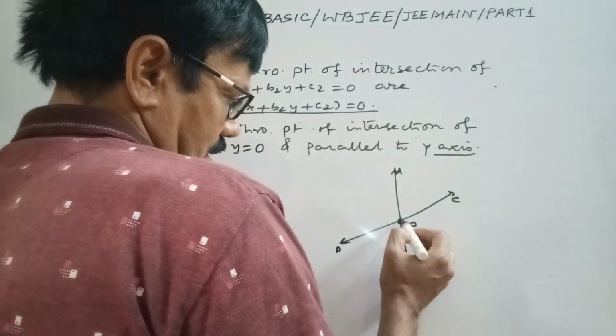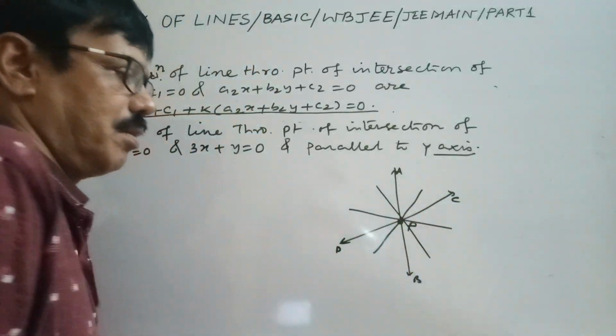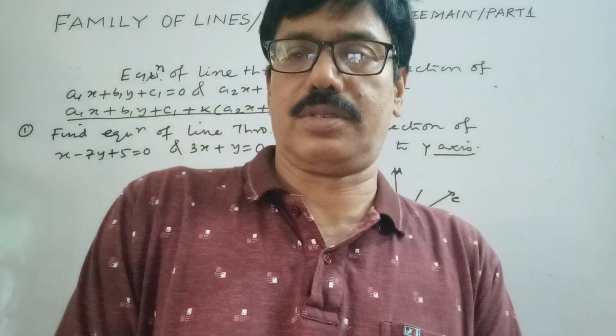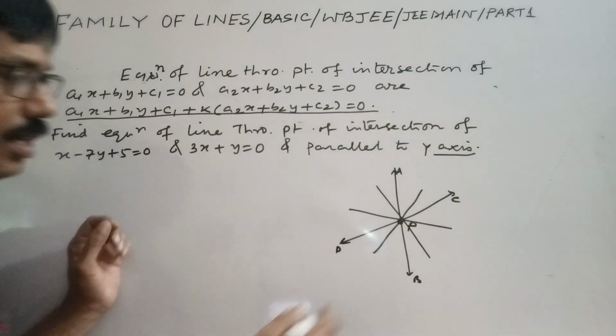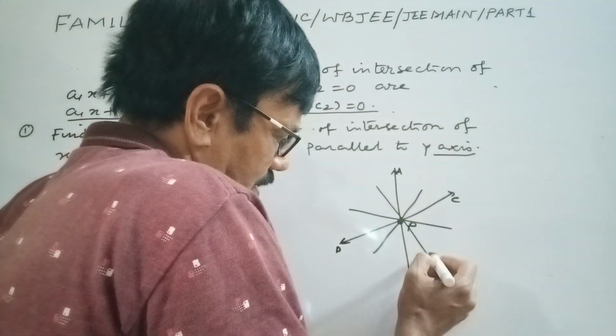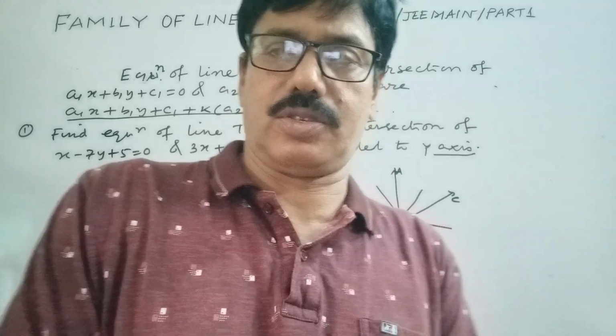So they are called a family of lines. Through the point of intersection of two lines, we get many lines. They are called a family of lines.